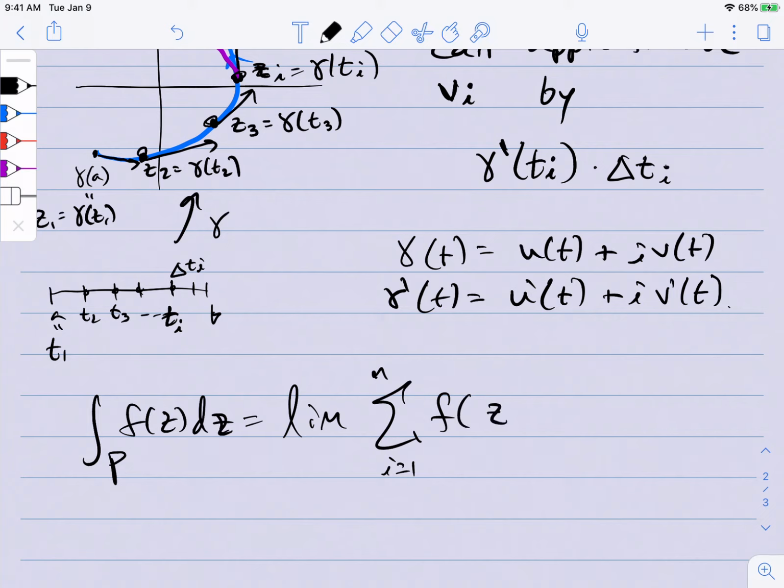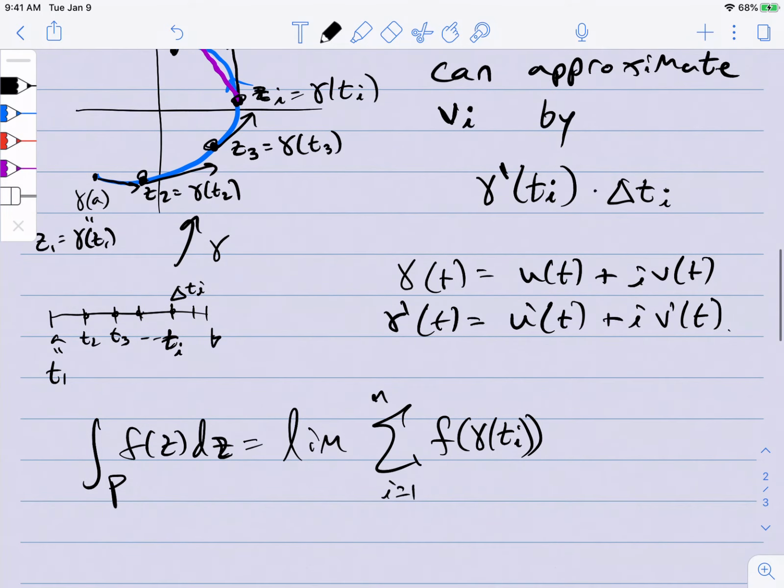Now previously I had f of z_i, but in terms of gamma, z_i is just gamma of t_i. And then v_i, we just said, well, that's just gamma prime of t_i times the length of the ith interval, delta t_i.